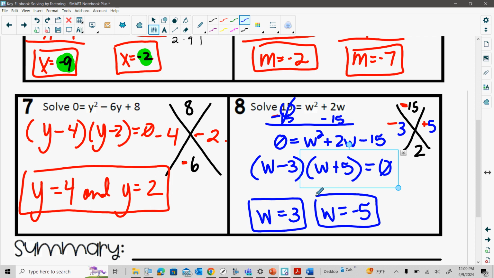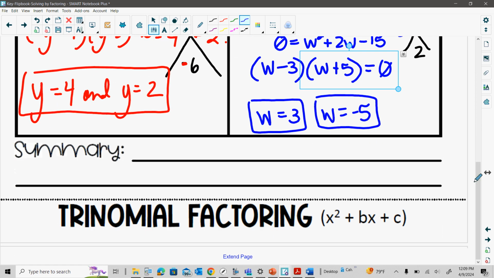Okay. So the summary, the things we need to know, right? The first thing is this summary is for only when we have a trinomial that looks like this, okay? It does not have a coefficient in the front. That coefficient is an invisible 1.